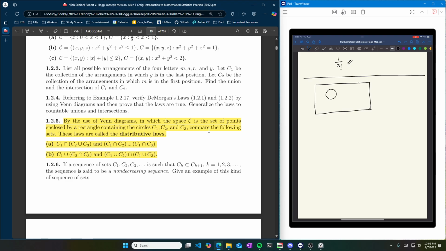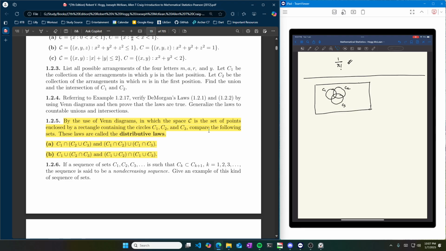Let us draw three circles, let this be C1, C2, C3. C2 union C3 would be this whole space, right?